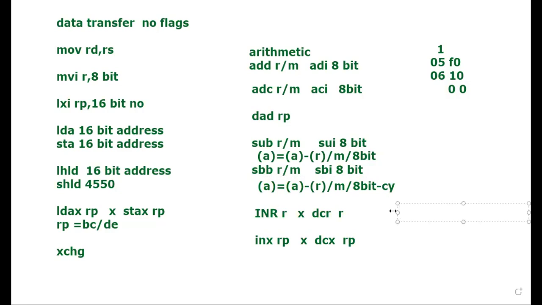So 8-bit number 1 ने increment होणार, the answer will be stored in that respective register. Decrement ला 1 ने decrement होणार. Register pair, if it is INX RP, so register pair contents will be incremented by 1 or decremented by 1. So 16-bit number will be incremented or decremented.